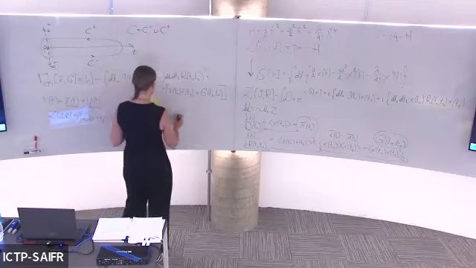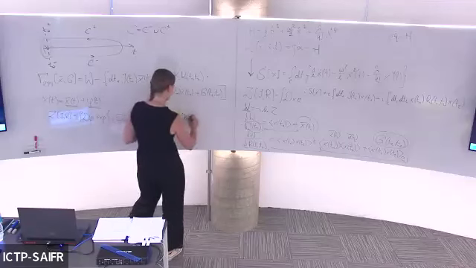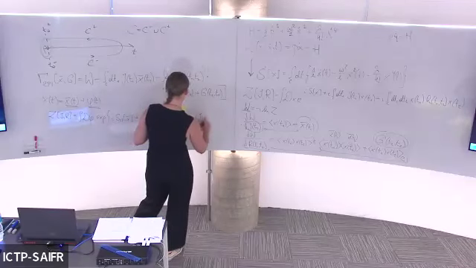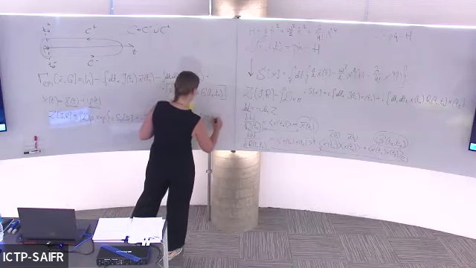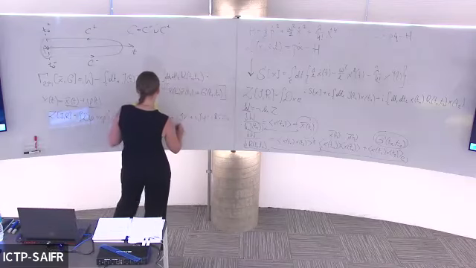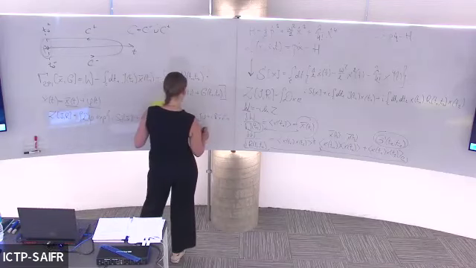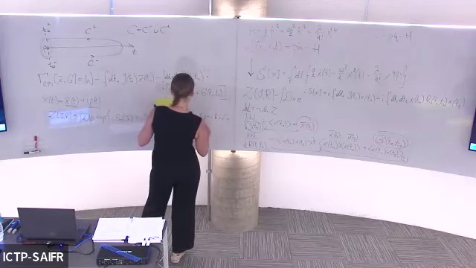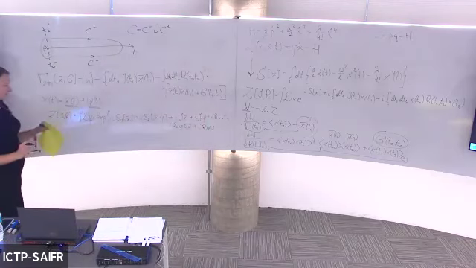I'm going to have terms of the form iJ X bar, iJ phi, my fluctuations, iR X bar, plus 2 i phi X bar plus iR phi.